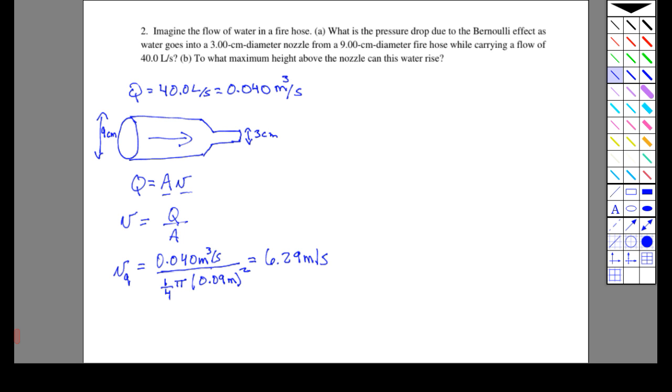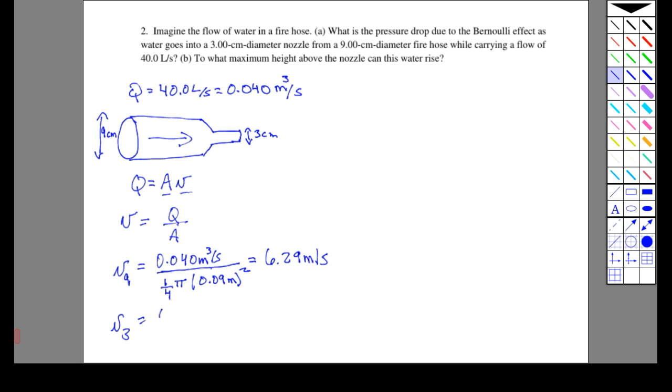Good. Okay, now, what about the speed through the nozzle? So that's through the 3 centimeter diameter cross section. Note the flow rate is the same. It doesn't go any faster or any slower through the smaller section. You still have the same volume of water flowing through the nozzle as you do the hose.